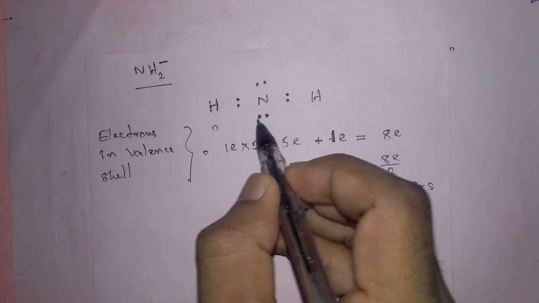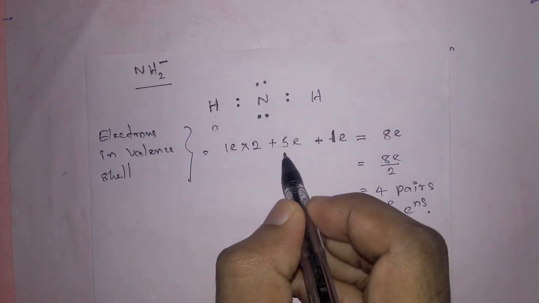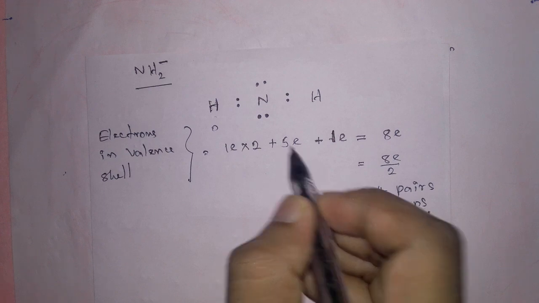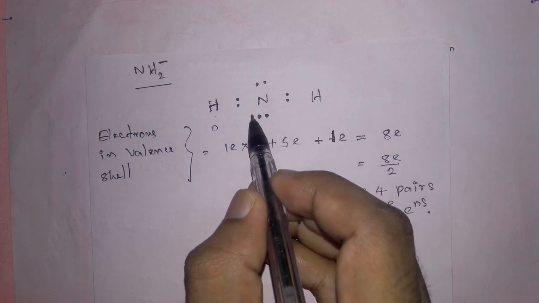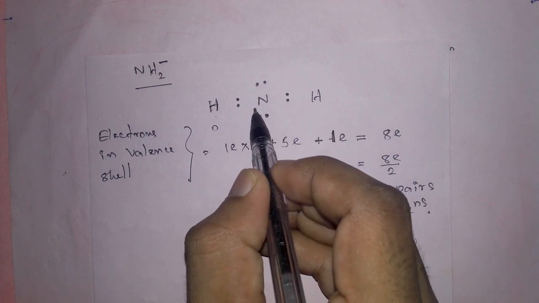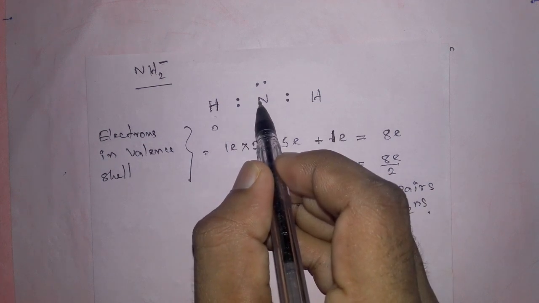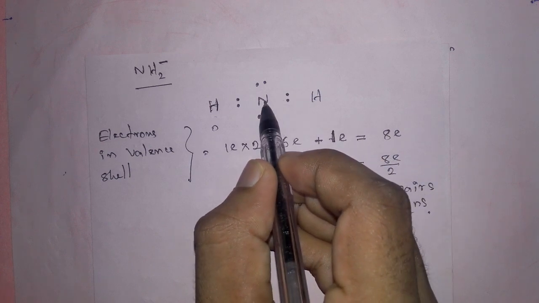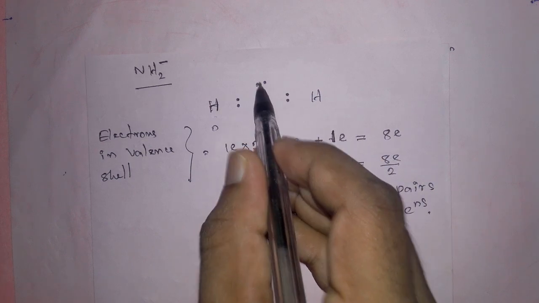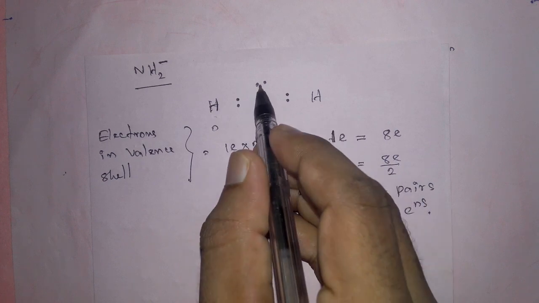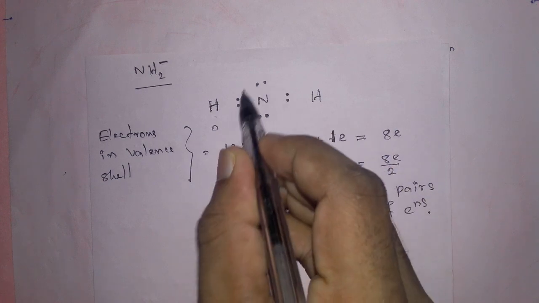Let's see about the nitrogen. We know that there are 5 electrons in the valence shell of nitrogen. Now after formation of bonds, from this bond it has gained an electron, from this bond as well it has gained an electron. 2 lone pairs are present. So altogether there are 6 electrons around the nitrogen valence shell.